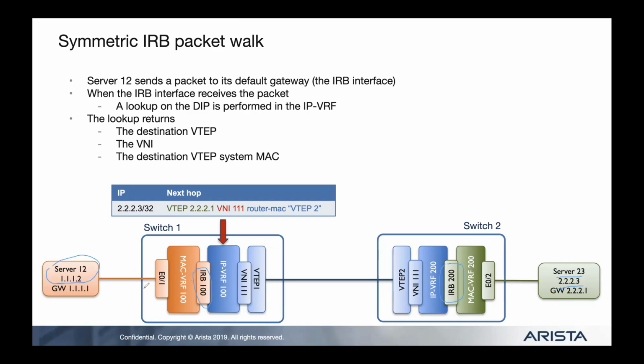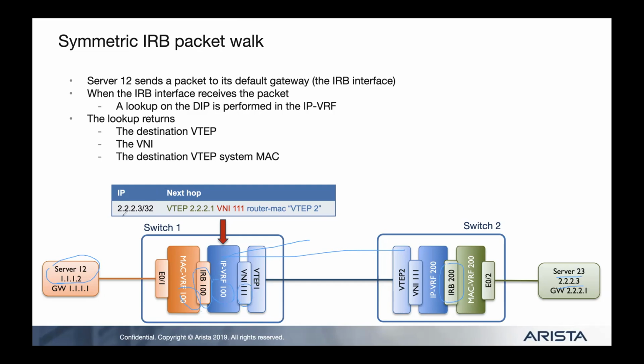So basically we want to communicate between VLAN 100 and VLAN 200. It's a symmetric IRB, so you don't have SVI 200 here and SVI 100 here. We will be communicating through the common VRF, which is nothing but this VRF, name is 100, and the VNI configured is 111.